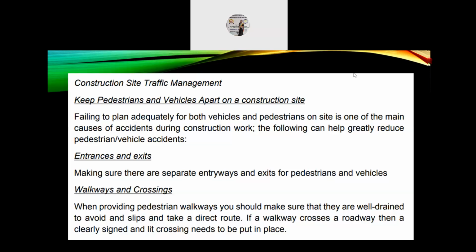Entrances and exits: make sure there are separate entryways and exits for pedestrians and vehicles. Walkways and crossings: when providing pedestrian walkways, you should make sure that they are well drained to avoid slips and take a direct route. If a walkway crosses a roadway, then a clearly signed and lit crossing needs to be put in place.